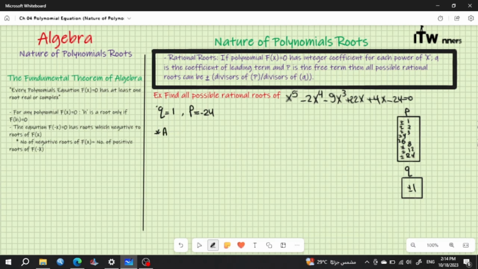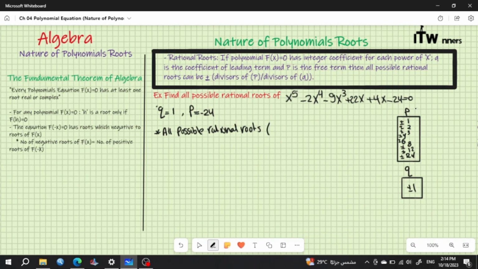All possible rational roots can be found here.